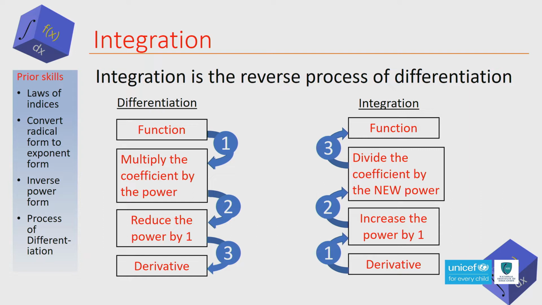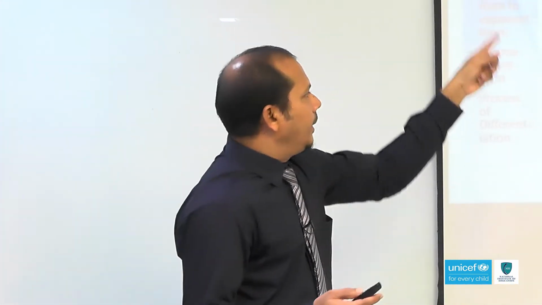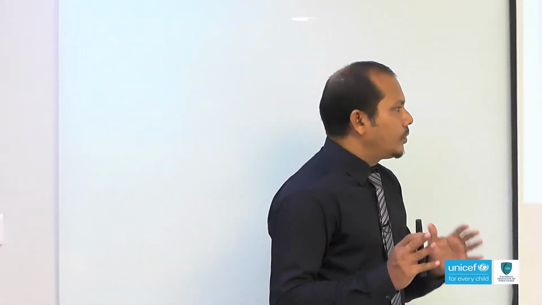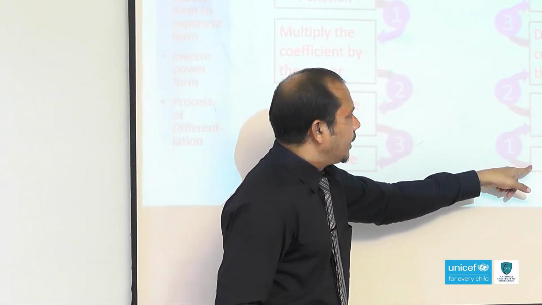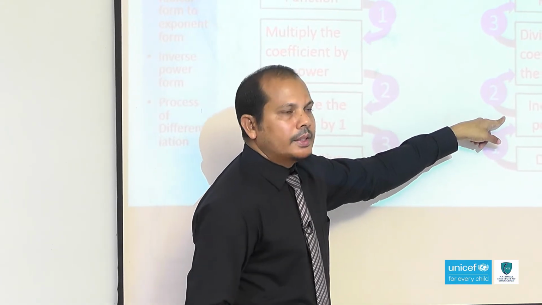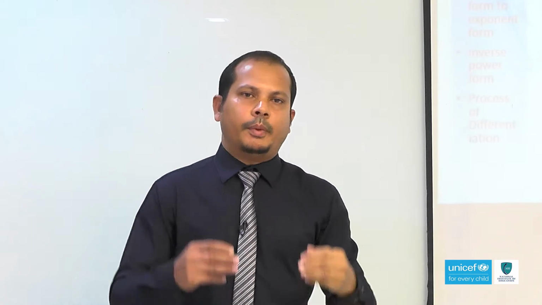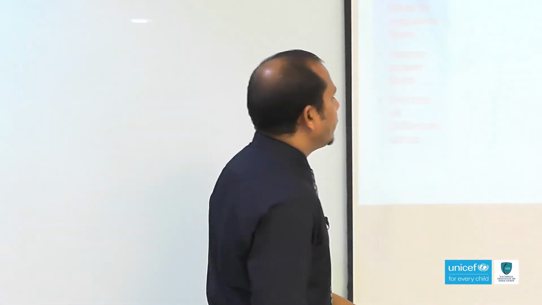So, it is very easy to understand integration, just reverse differentiation, that is all. And then you get the function. So, again let us summarize it. The integration takes up a derivative function, and when you try to integrate, you have to increase the power by 1 and then divide the coefficient by the new power that you have obtained, and then it produces the function.